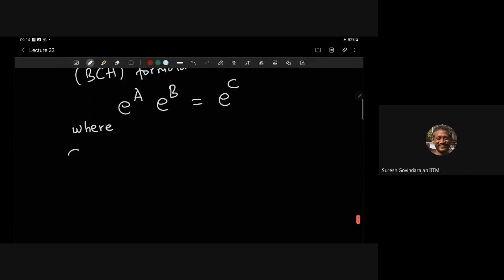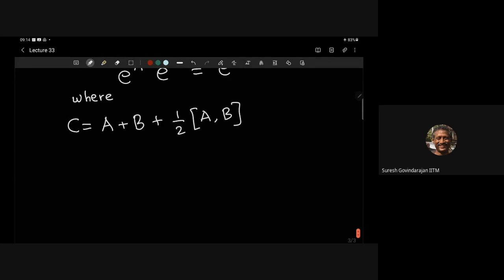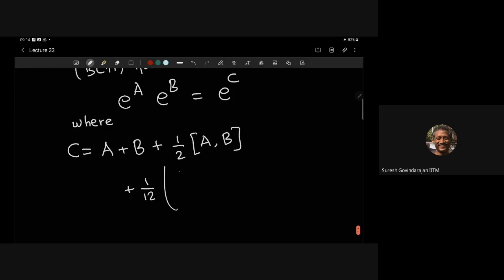The first term there is A plus B, the next term is half the commutator of A and B, next plus 1 by 12 commutator of commutators, A commutator AB, plus minus B commutator AB.